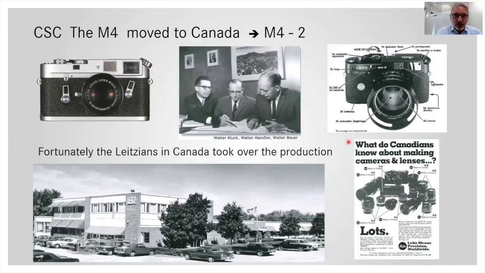Most M lenses were done in Canada at that time. It's located in Midland, Ontario. Yes, there's still a factory. So they took over, and so the M camera survived.